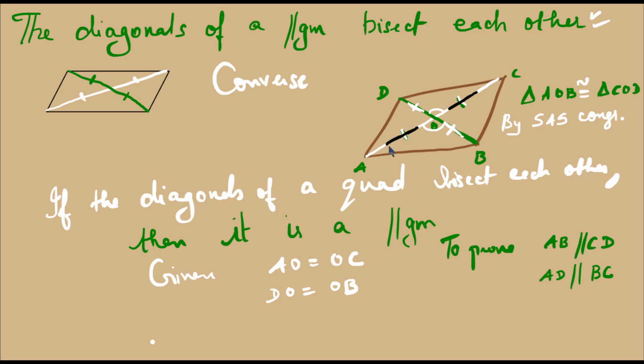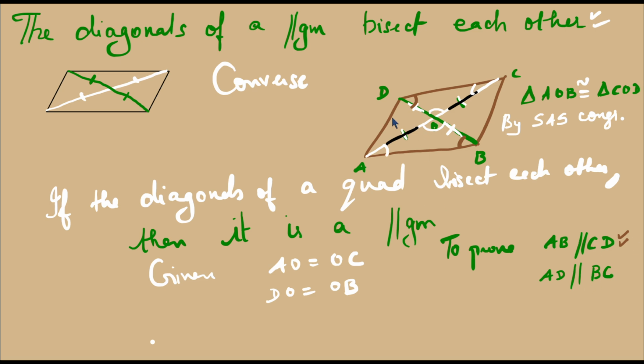So can we say that, if AC is the transversal, these two angles are equal? Yes, it appears so, because triangle AOB and triangle COD are congruent to one another. So the angles in white are equal, and at the same time the angles in brown also are equal. So I can say that AB is parallel to CD, right?